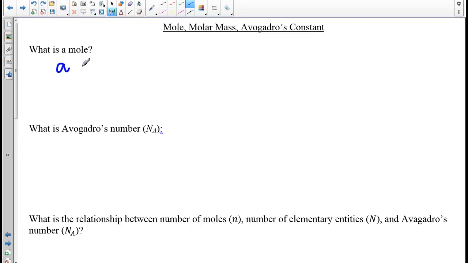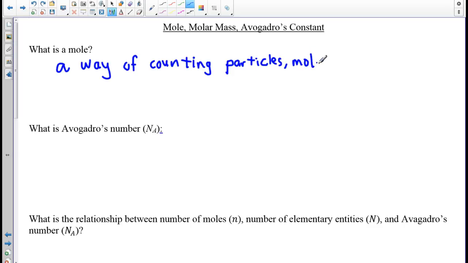A mole is a way of counting particles, molecules, etc. Another way to say that, it's a way of counting the amount of substance you have.